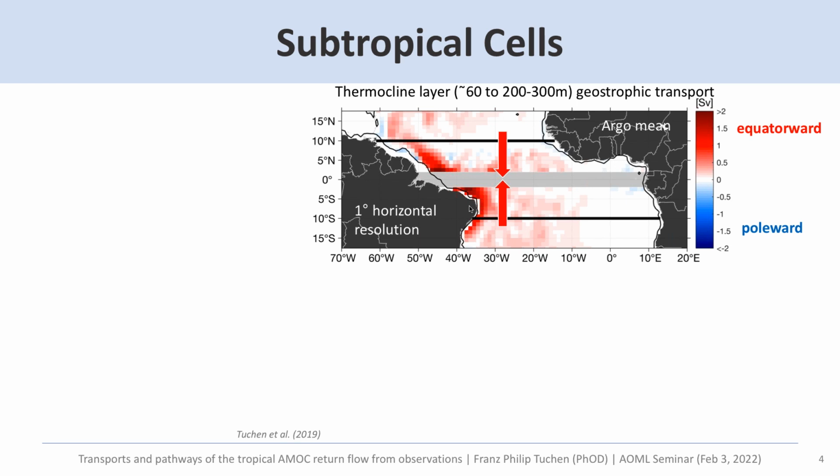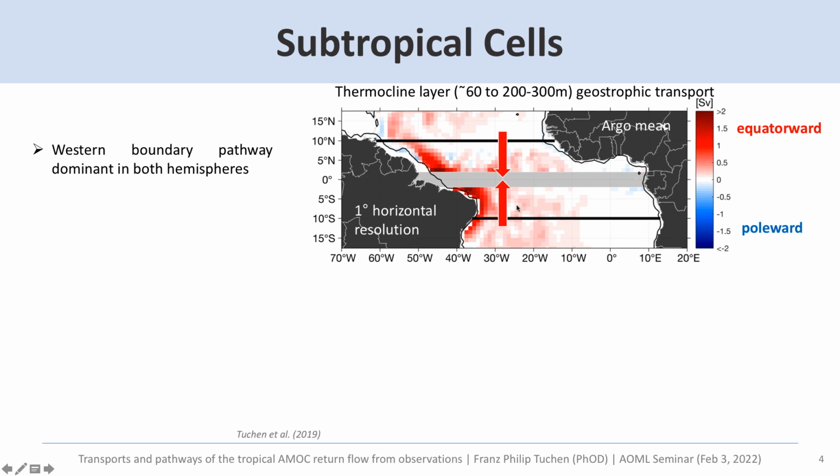So there are two things that are striking in this plot. First, we definitely have a concentration of transport at the western boundary. So in both hemispheres, it looks like these transport pathways are the dominant ones. And then there's also a big difference between the interior pathways in the northern hemisphere and the interior pathways in the southern hemisphere.